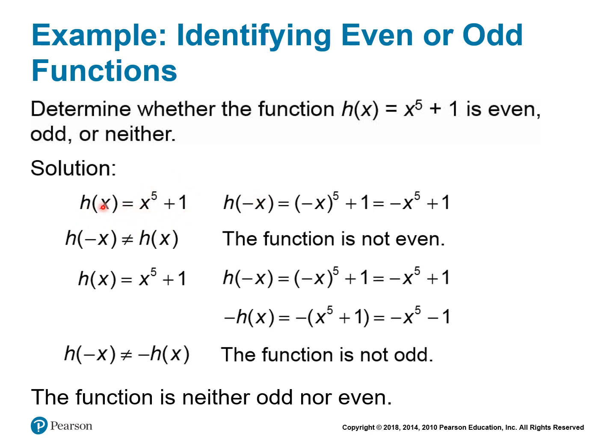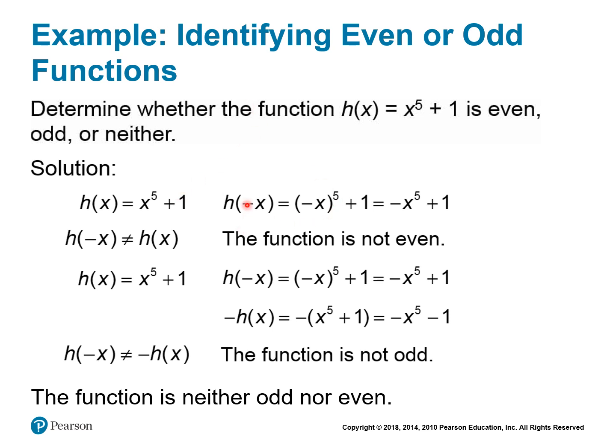Here we are replacing the x with negative x, and we want to see if we get back x to the fifth plus 1. If after replacing x with negative x, we get back the original function, that would make it an even function.